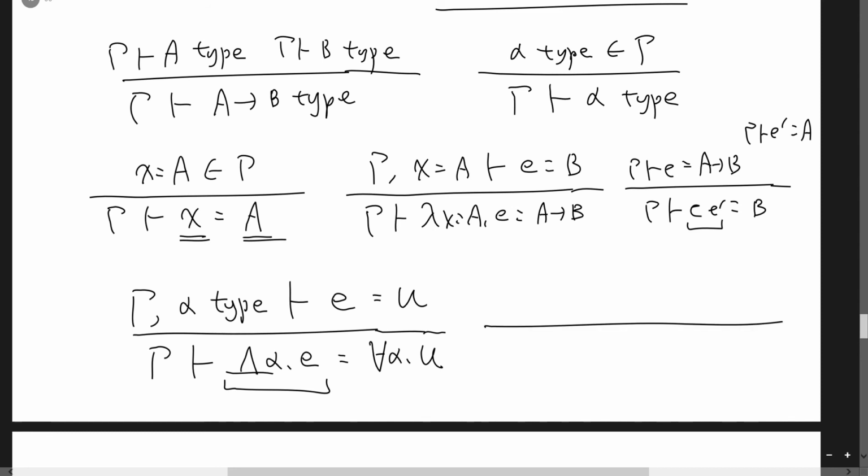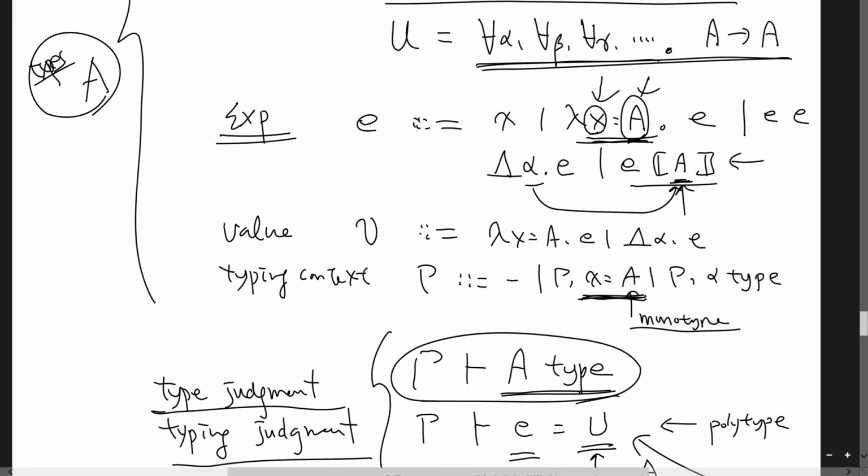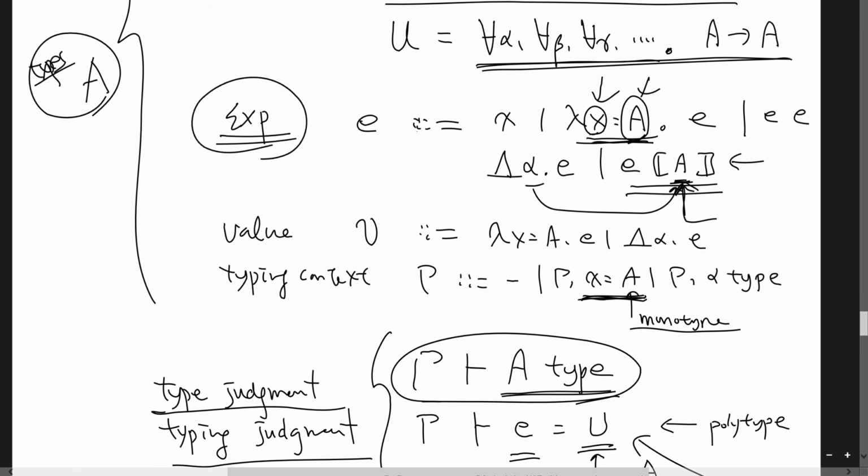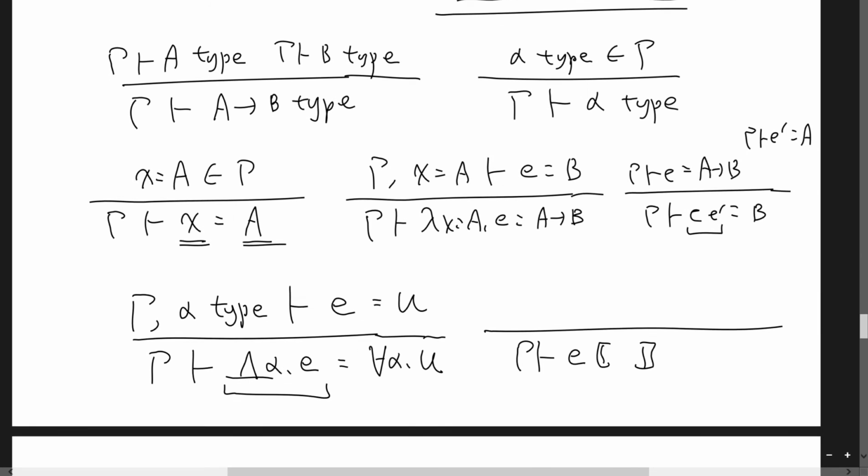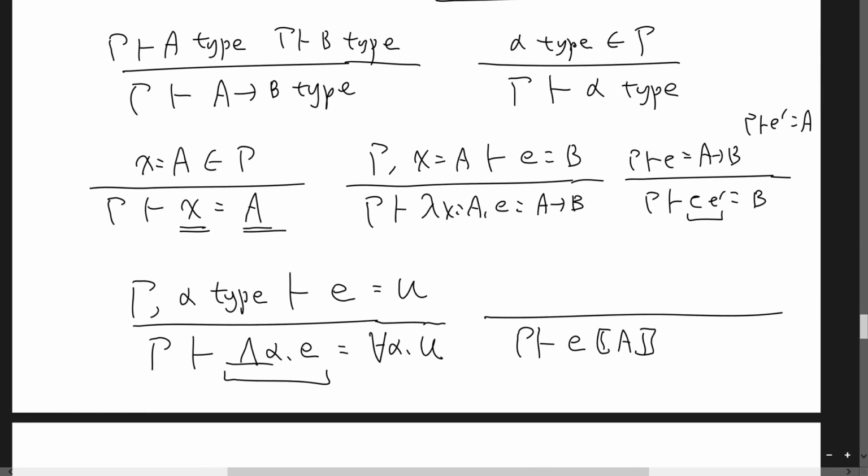What about type application? Remember that in the definition of expressions, this type application allows only monotype. You can never use a polytype in place of A here. So this is not permitted. So we have this A here. Needless to say, expression E must have some polytype. And then we have to make sure that A is valid, it's well formed.